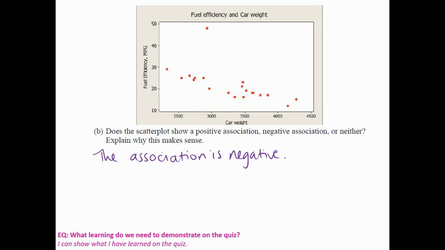Perfect. And how it makes sense. We could say this makes sense because remember, the whole thing with negative association is one thing gets bigger as another thing gets smaller. So in this case, as our car weight increases, it's less fuel efficient. It goes less miles per gallon.